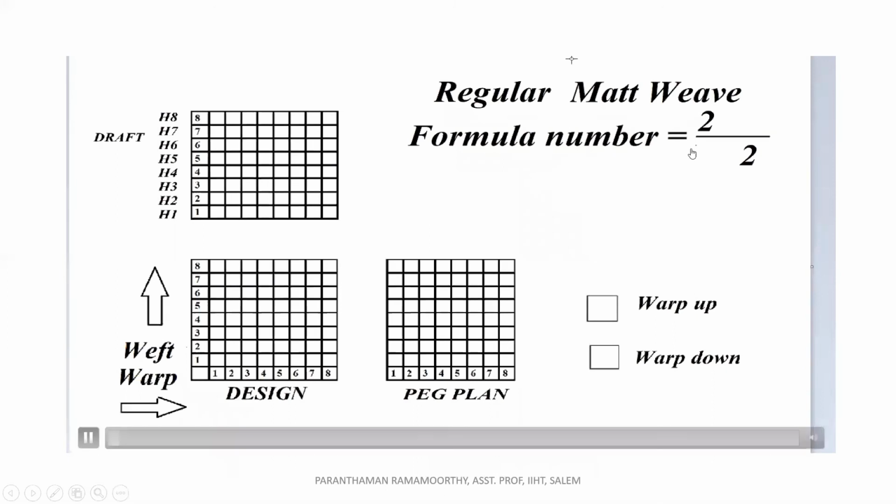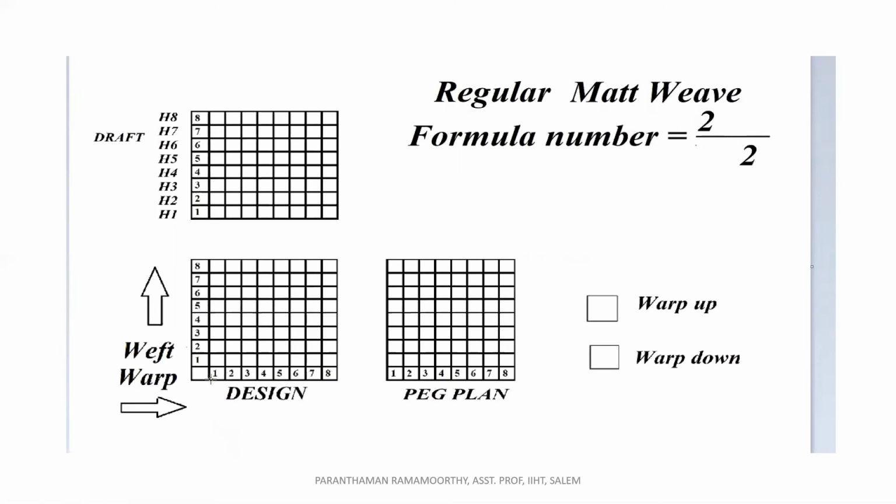See this video of regular mat rib with 2x2 arrangements. So in the mat rib weave, we can extend warp way and weft way. So two ends and two picks are filled here.